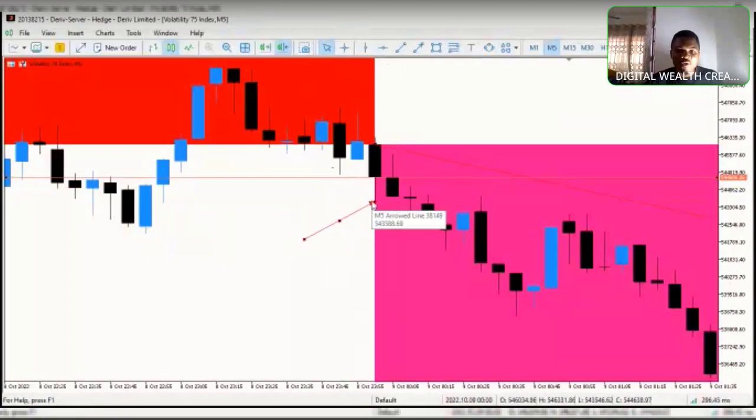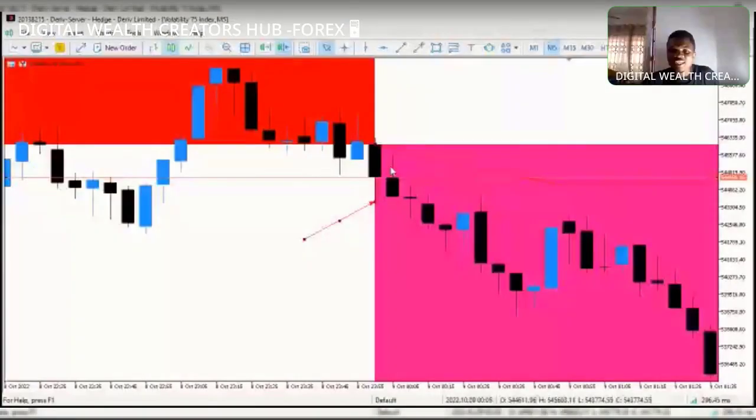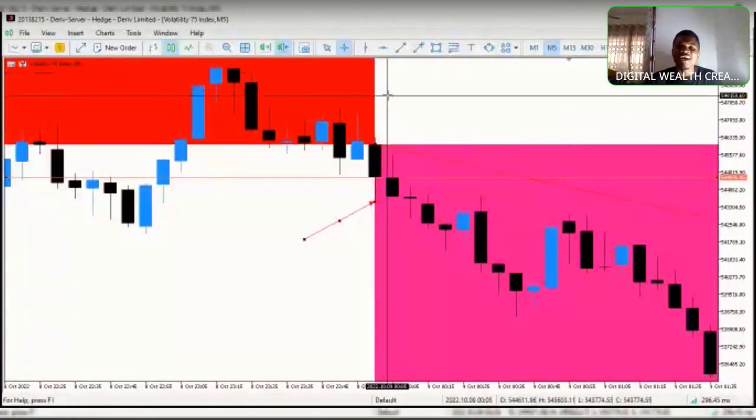So what if you saw the candle moving up to this point and you entered at this point? Where at all are you going to place your stop loss? Definitely somewhere above here, and that is going to be a big stop loss for you. Let me check how many pips you'll be running at.